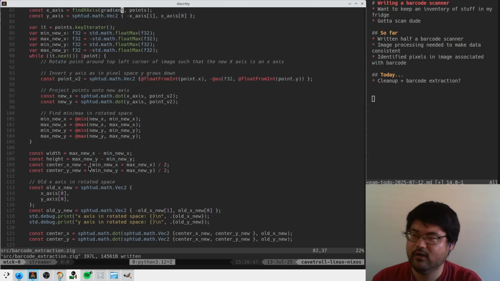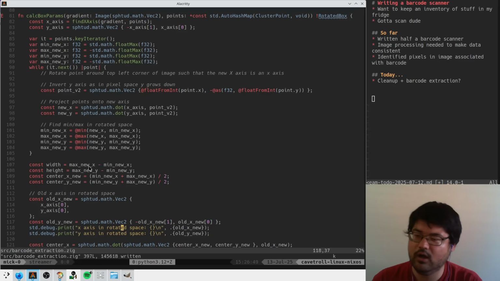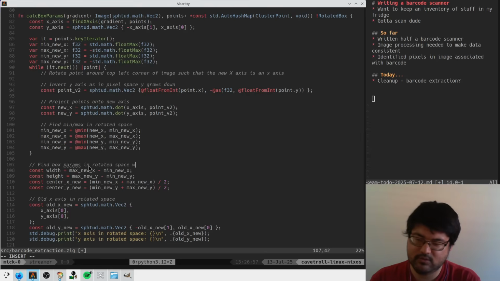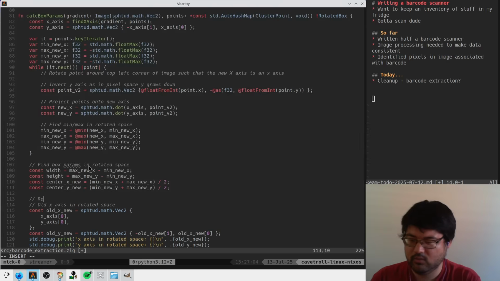Then find box params in rotated space, and then we'll say rotate back.